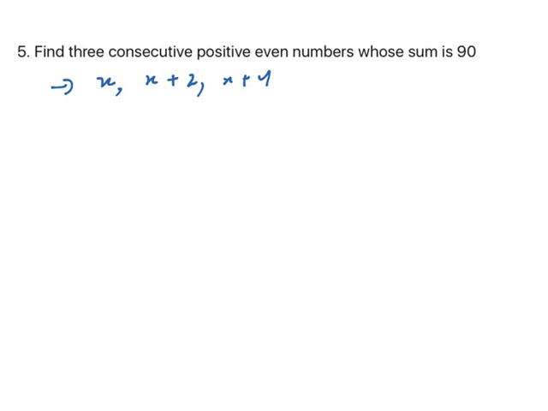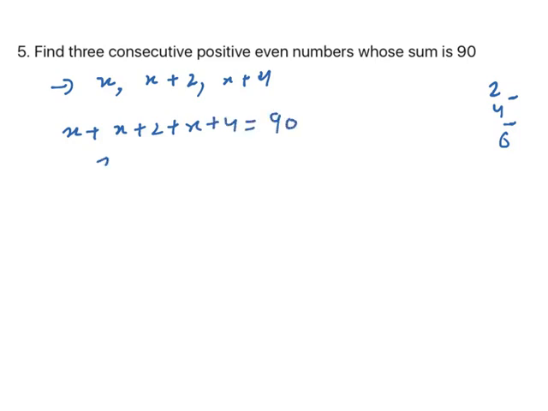If we take the example 2, 4, 6, we have a difference of 2 in every even number. So we take x plus 2 and x plus 4, and the sum x plus x plus 2 plus x plus 4 is given as 90.